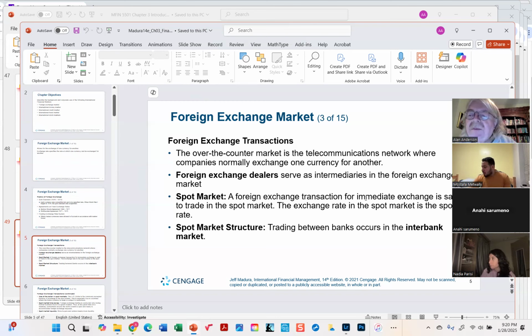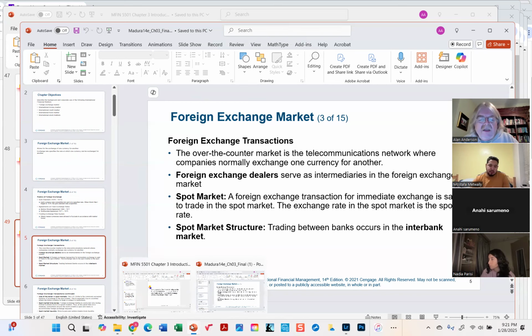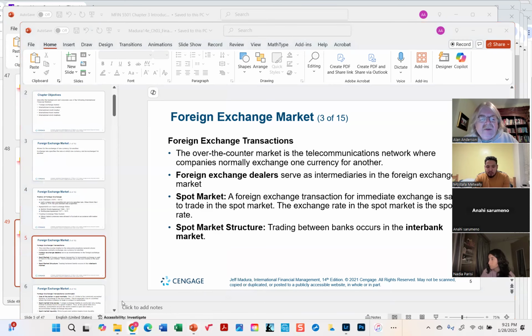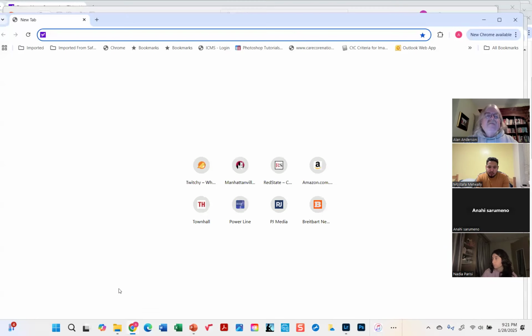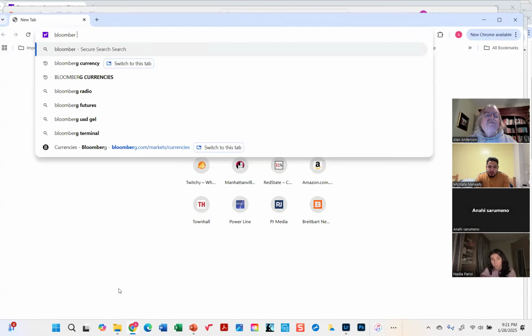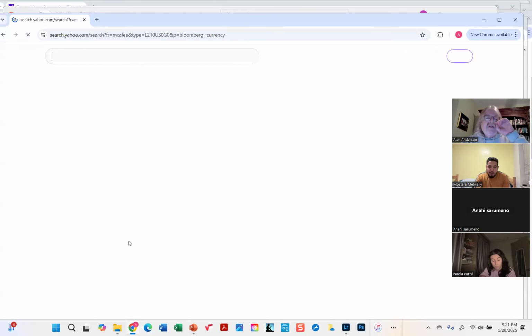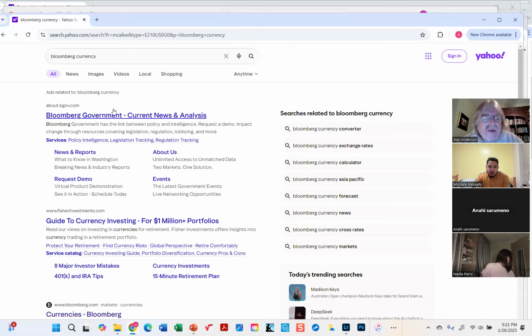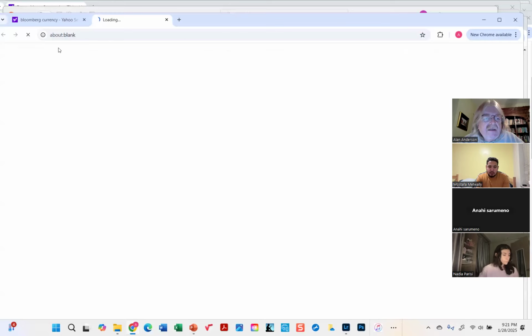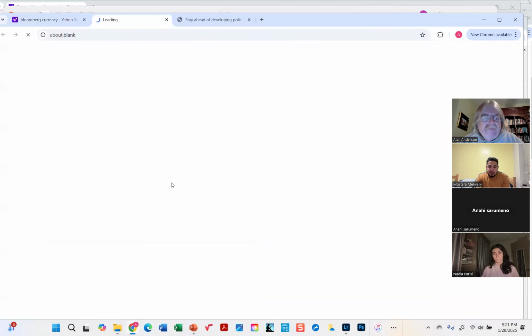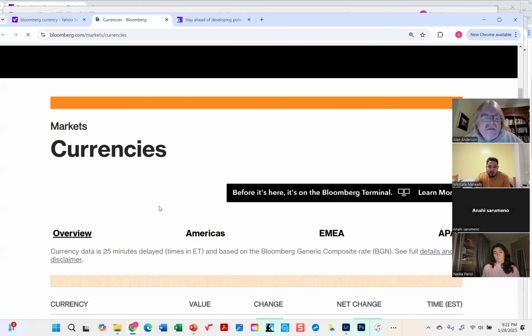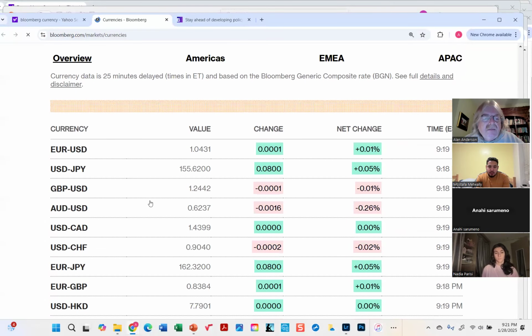Okay. So if we look up in the Wall Street Journal or Bloomberg, whatever, that the current exchange rate between the dollar and the pound is $1.2242 per pound.